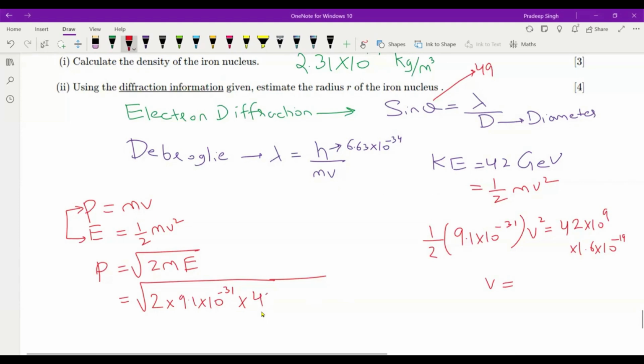Root of 2mE. Solve this and tell me the momentum.